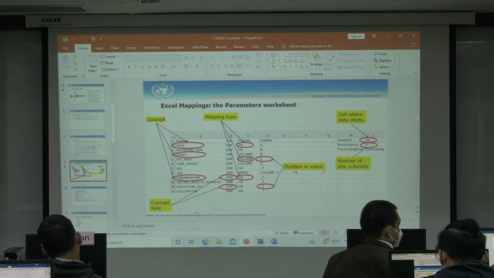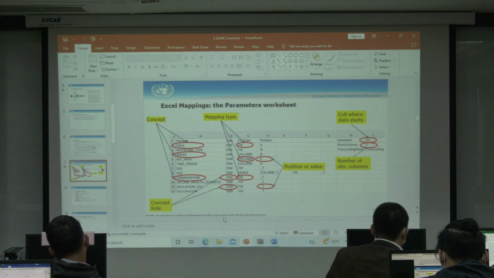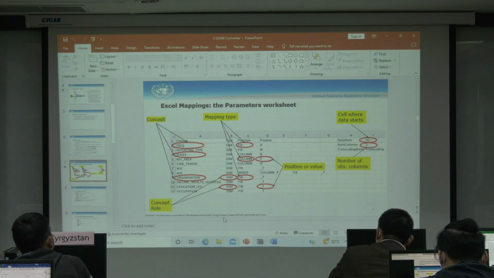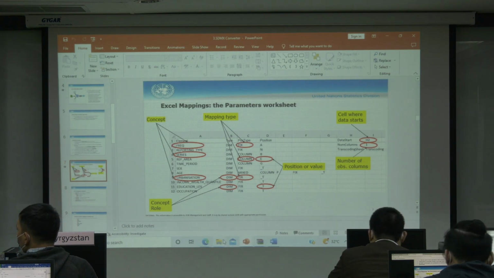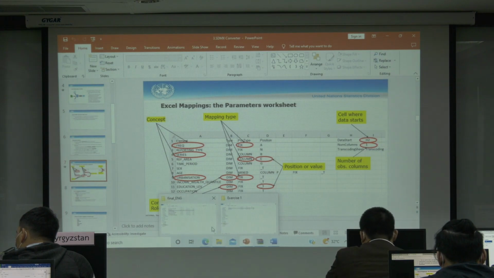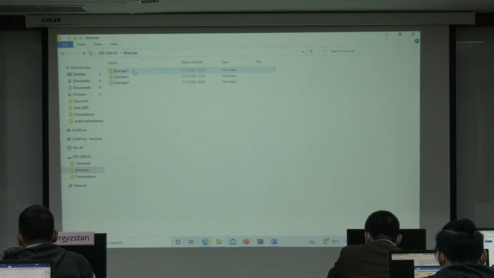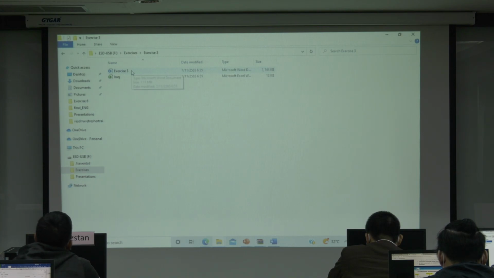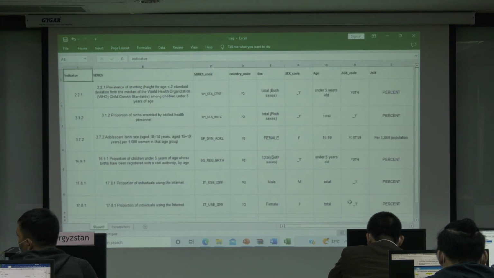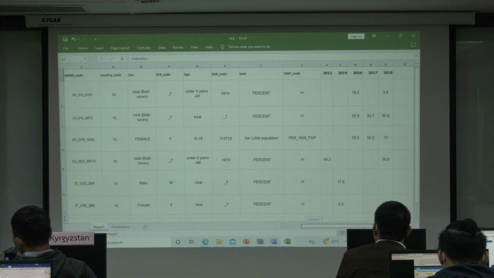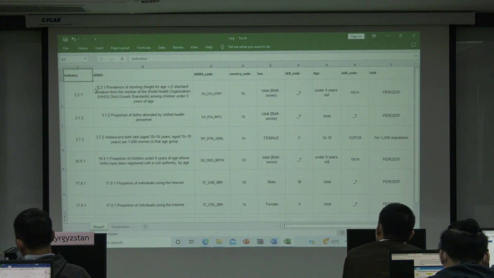Could you please explain more: before you have the Excel mapping, what do we have to have before this step, such as the table of data or raw data? Do you have an example of what they look like? Yes, if we look at exercise 3, which we'll be doing tomorrow, you have a worksheet with the SDG indicators.